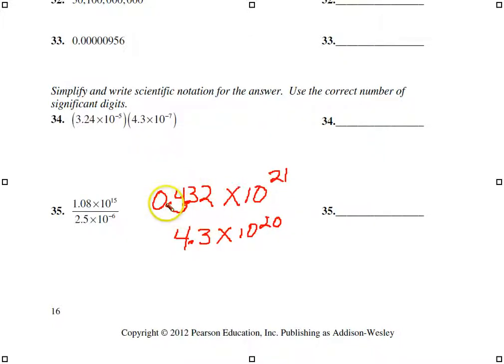But changing it to a number between 1 and 10, we move the decimal there. But now in moving it that way, we have to subtract 1 power of 10. So that's why we end up with 10 to the 20th. And this is our final answer.